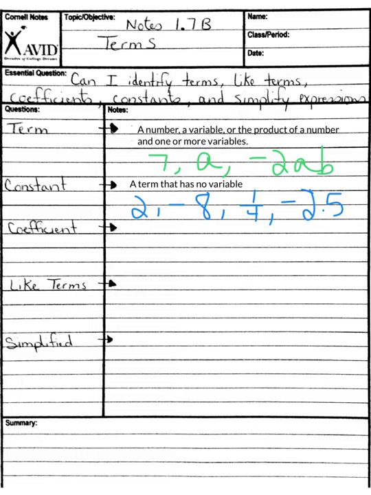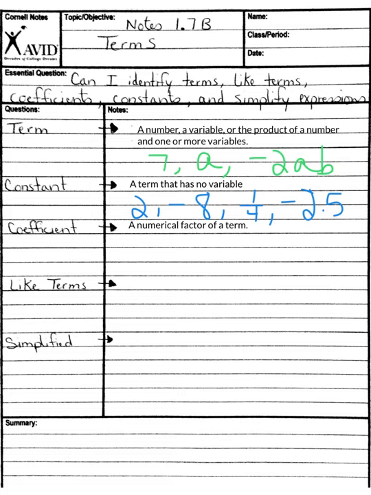The coefficient. Let's jump down to coefficient. Coefficient is a numerical factor of a term. So if we were talking about the coefficient of a term, we're talking about the number of it.